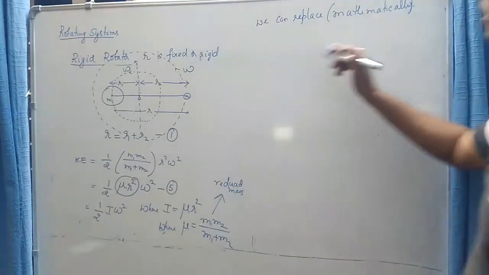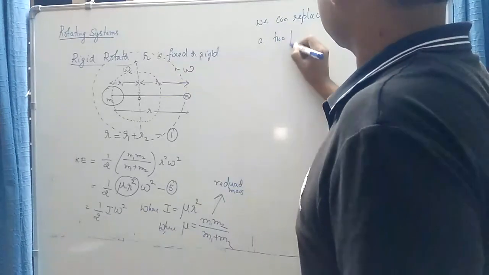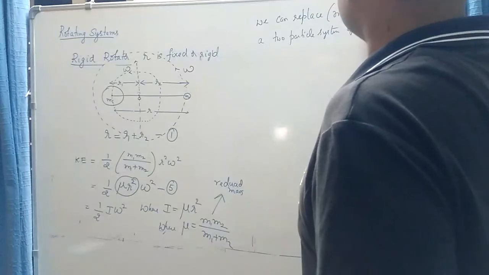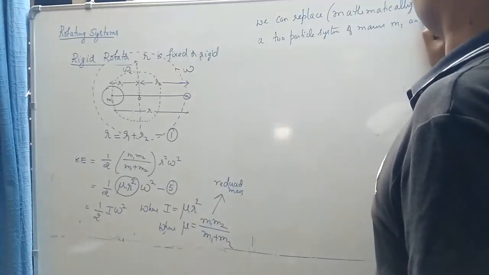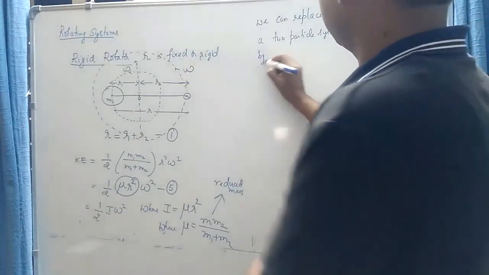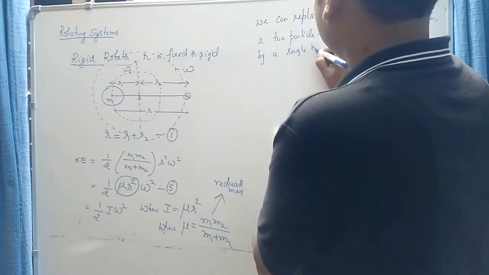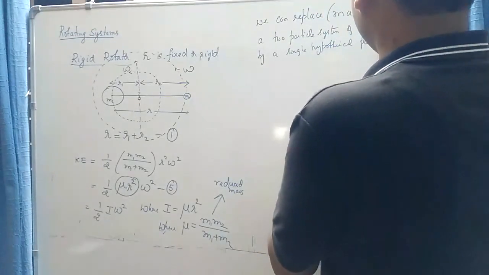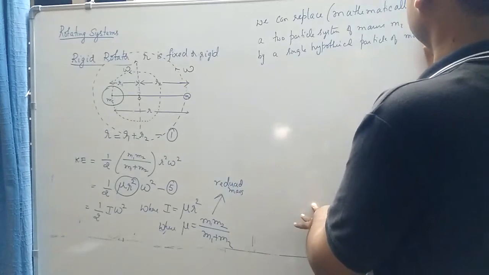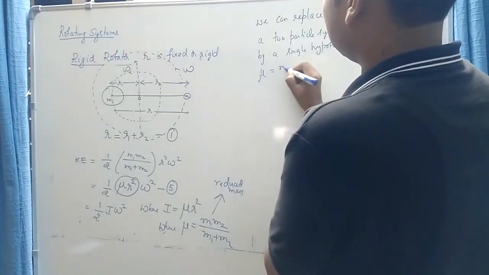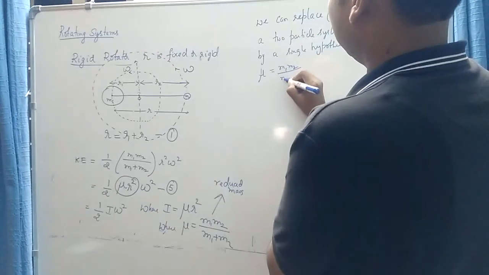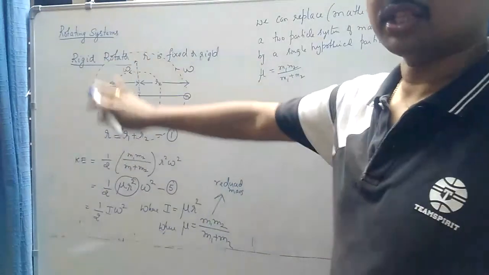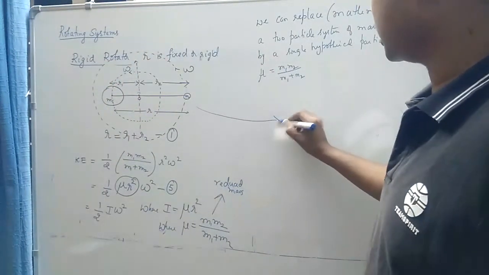So we can replace mathematically a two particle system of masses m1 and m2 by a single hypothetical particle of mass mu, which is called the reduced mass, given by m1 into m2 divided by m1 plus m2.